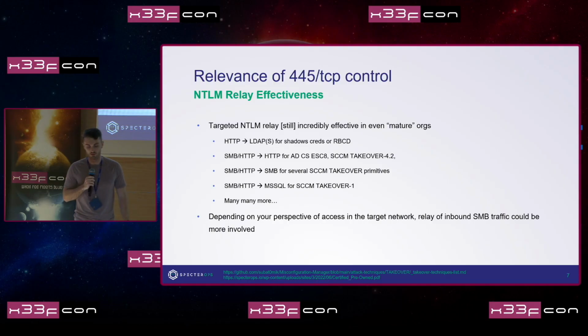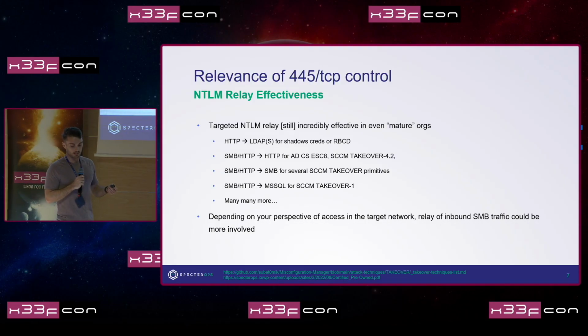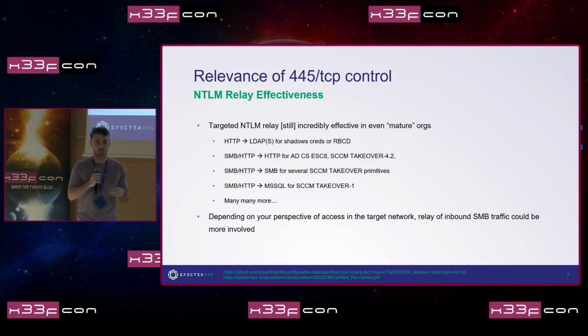That'll be the demo. But the reason we're going over all this is because depending on your perspective of access in the target network, taking over or controlling the inbound SMB traffic, like what you have potentially coerced or maybe even poisoned in some capacity, can be more involved.